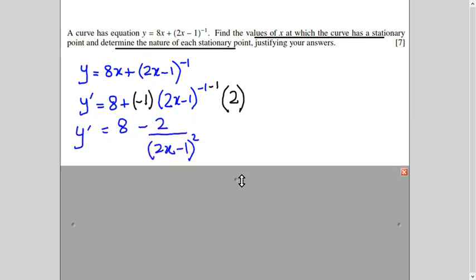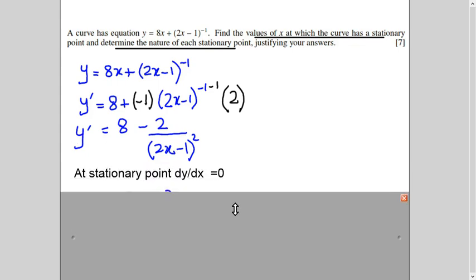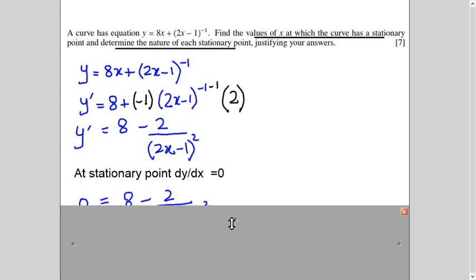So after differentiation, now you got the gradient function, right? When you first differentiate it, you get a gradient function of this curve. Now, if you put it 0, because at a stationary point the gradient is 0, you will get the value of x.